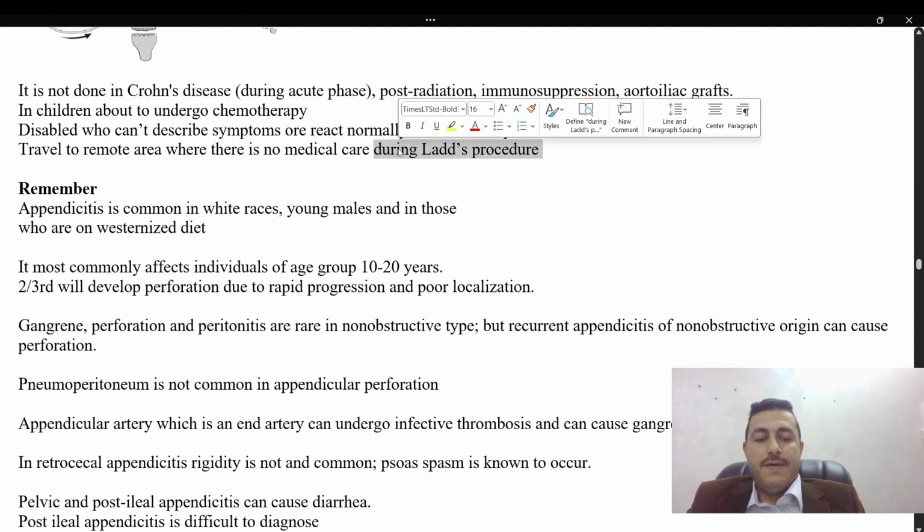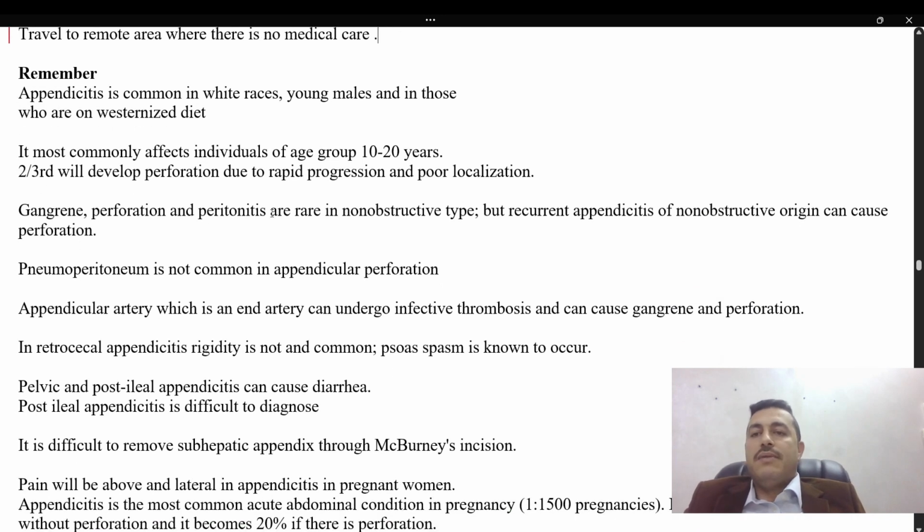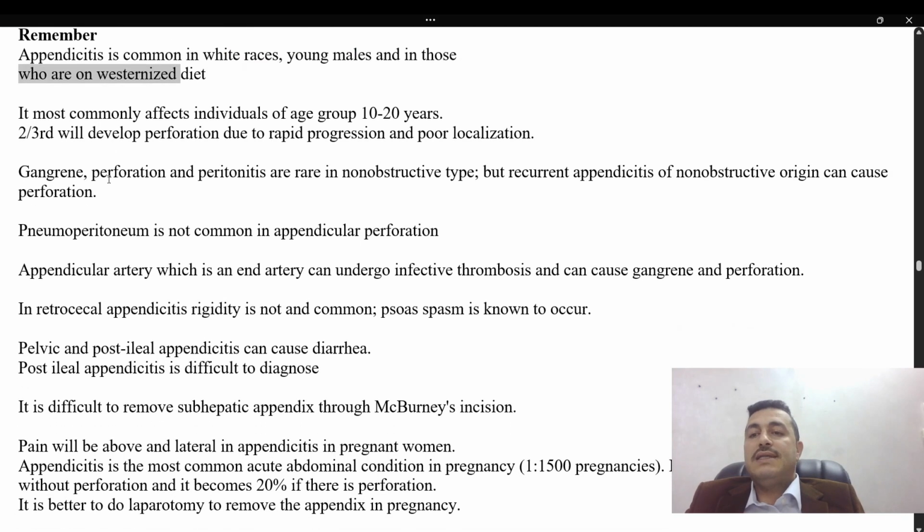Okay, here's some miscellaneous, some random information. For example, we said that the appendicitis is more common in white, it's more common in young male than in female, it's more common in Western diet, more likely to affect individual between 10 to 30s, okay.